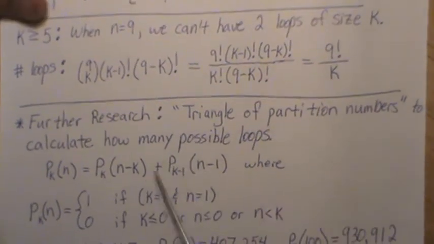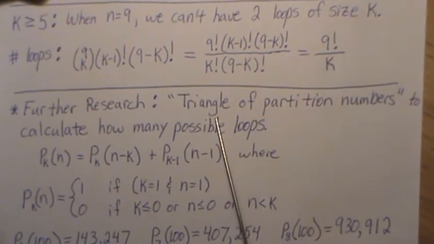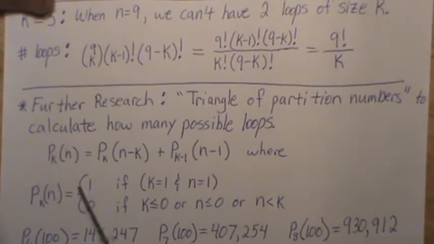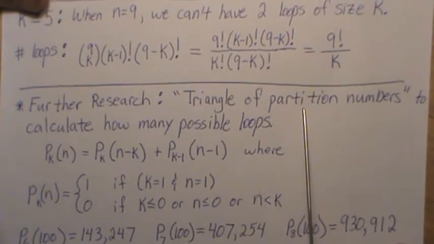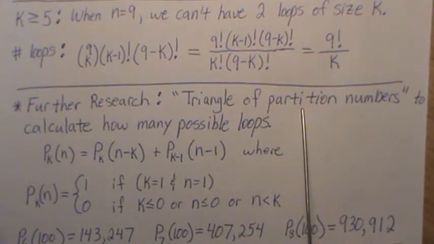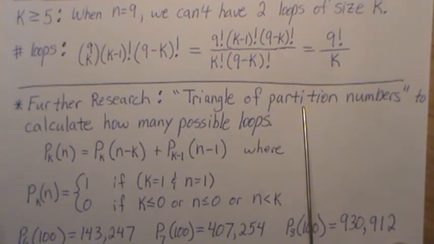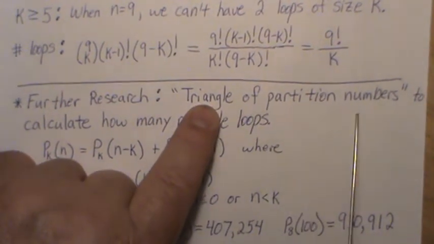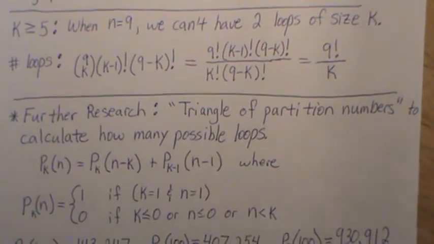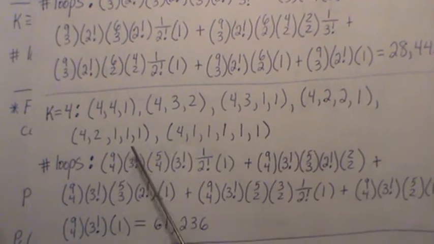Now, an interesting research topic here. Further research for those interested is what's called a triangle of partition numbers to calculate how many possible loops. Now, a partition is how many ways you can break up, say, the number 5. So, 4 plus 1, 2 plus 3, 1 plus 1 plus 3. Those are called partitions. And it turns out the triangle of partition numbers tells us exactly how many possible loop sizes we have, right?